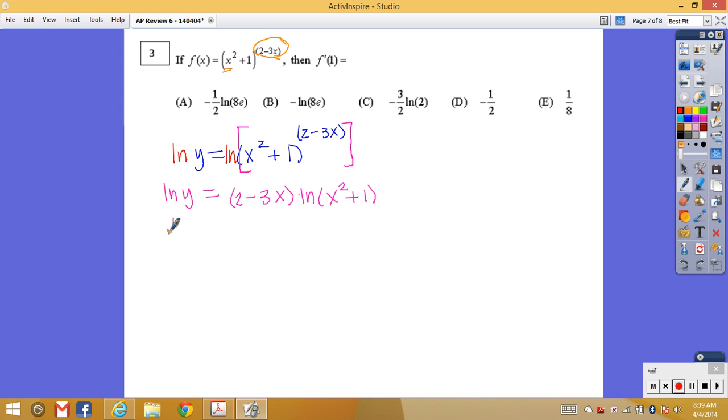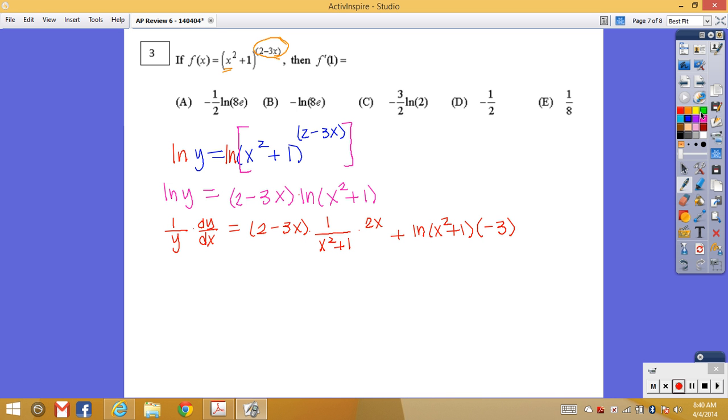I would do the derivative of ln of y is 1 over u times the derivative of u, in this case that would be dy dx, is equal to product rule: leave the first one, derivative of the second, this is a chain rule, so 1 over u times du dx, plus leave the second term, times the derivative of the first term, which would be -3.